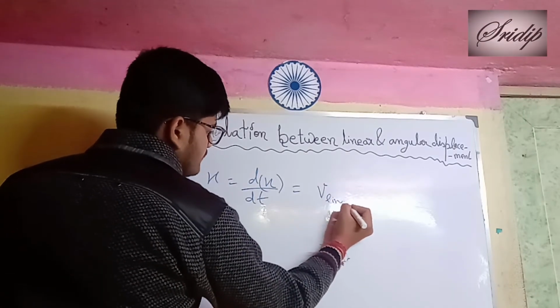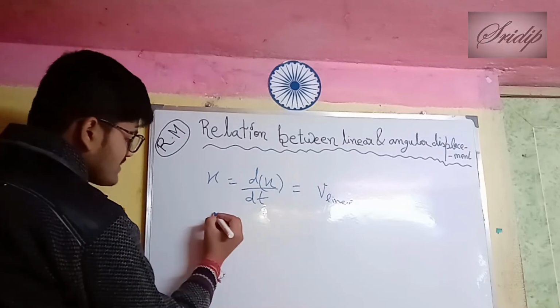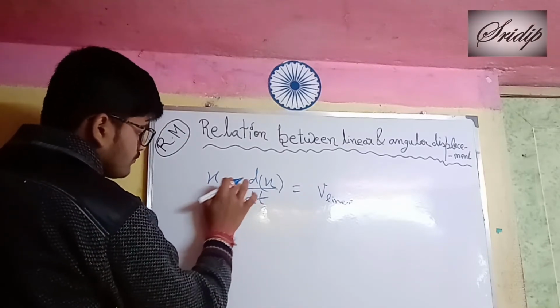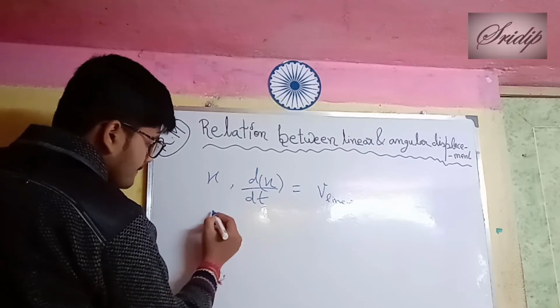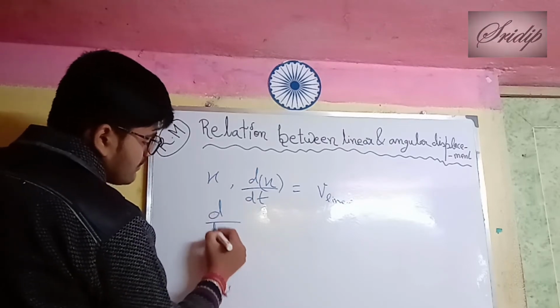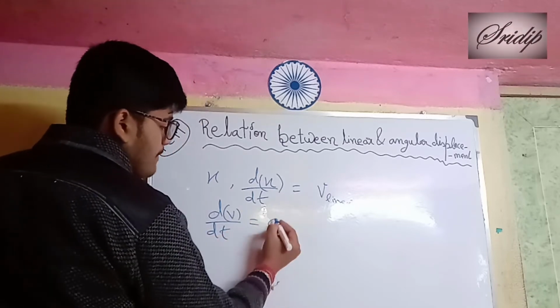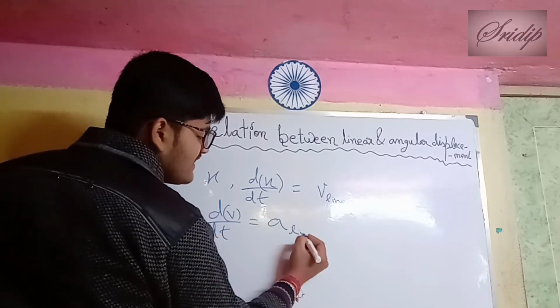And d/dt of v gives us acceleration. This is also a linear quantity.